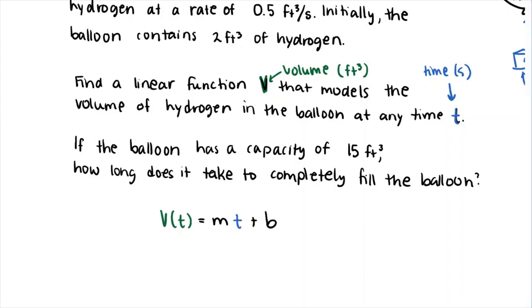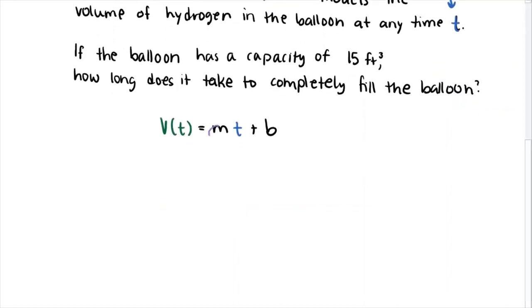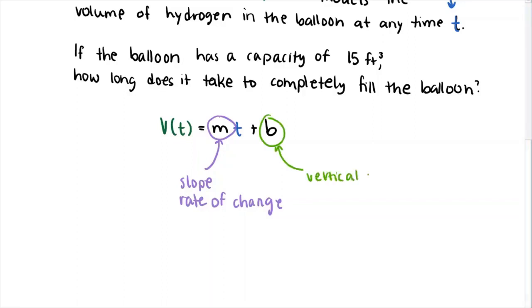Right, and we're saying that m is the slope or the rate of change, and b, this is the vertical intercept, and it's this initial amount.